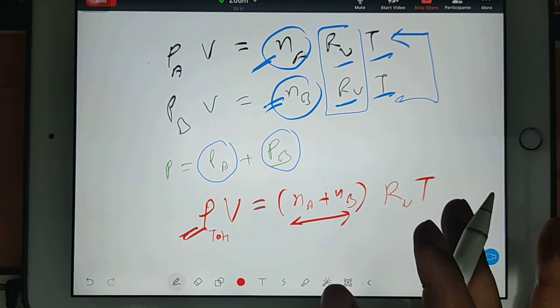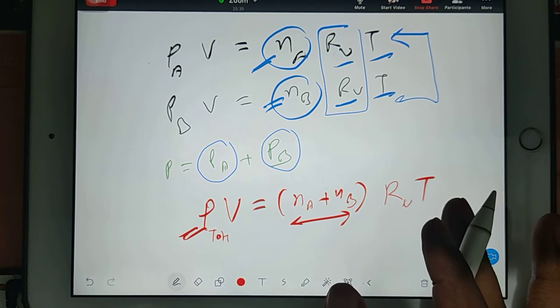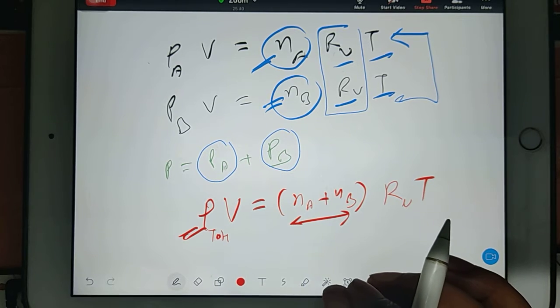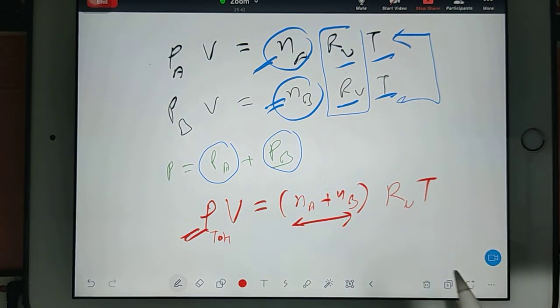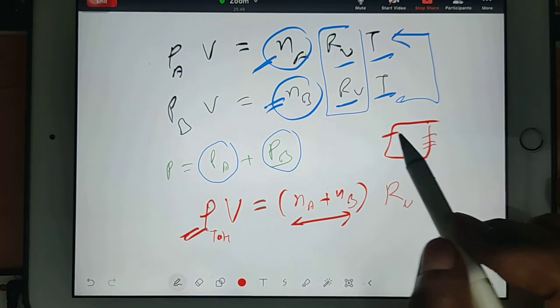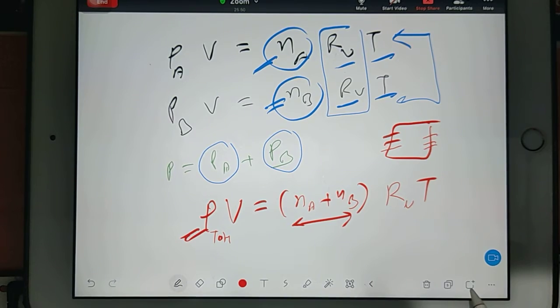Okay, now we will go for something called molar mass. Molar mass is again easy. They will give some molar masses, and if you have to find the total molar mass, how will you do that?